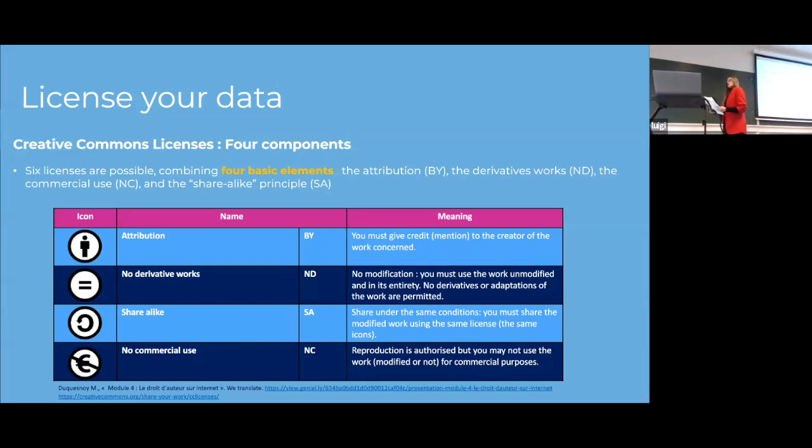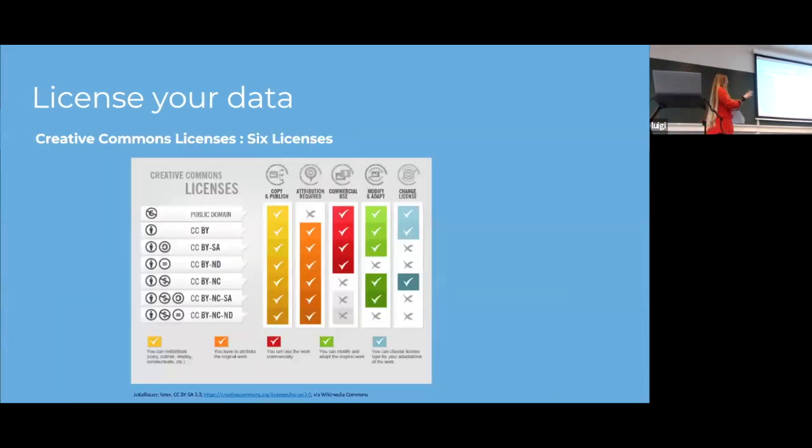And then, on the basis of these four components, there are 6 Creative Commons licenses. They compile all the elements I've just explained.